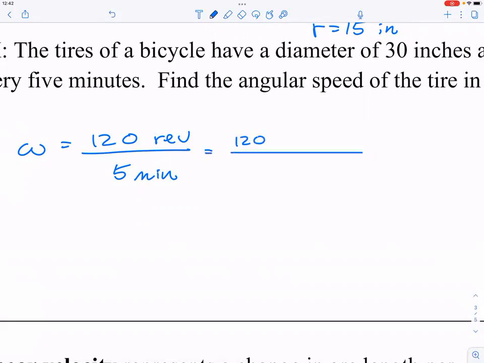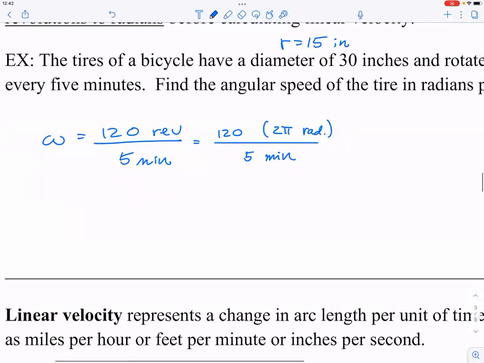If you know what 1 revolution is, you are more than welcome to just replace 1 revolution with 2 pi radians. And then you can go ahead and simplify it. This is 24. So it'll be 48 pi radians per minute.